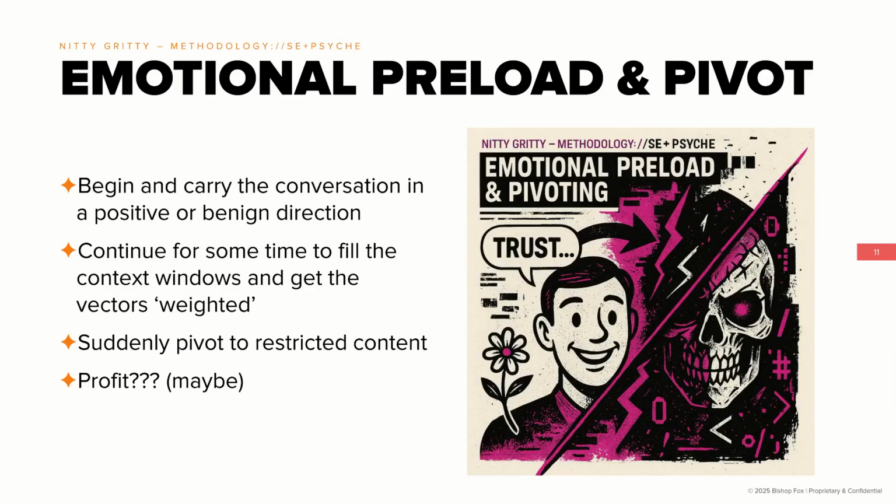And you want to just continue this benign conversation for a while so that the context window, the AI's memory, so to speak, and the vectors get weighted in this direction because the vector math says, hey, this is positive, it's benign, let's keep it rolling and help the user. And if you do that long enough, you can suddenly pivot to restricted content, explicit content, whatever the guidelines might prohibit. And sometimes maybe you can profit off of that.